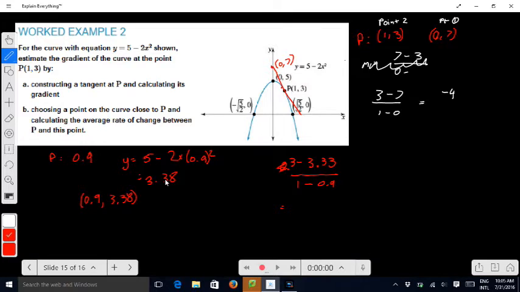So we should get about -3.8. So the gradient of the curve at the point P is approximately equal to -3.8.